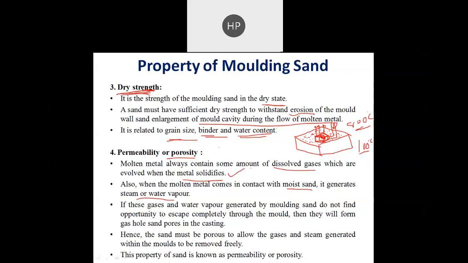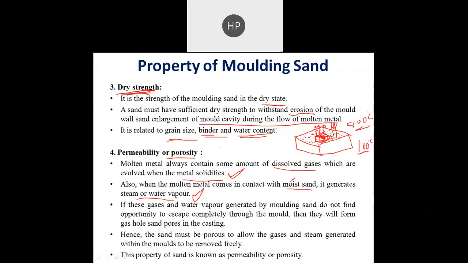The first reason is that the dissolved gases in the molten metal will be evolved. The second reason is that when the high temperature molten metal comes in contact with the sand, the moisture inside the sand turns into steam form, so we have two sources of gases.